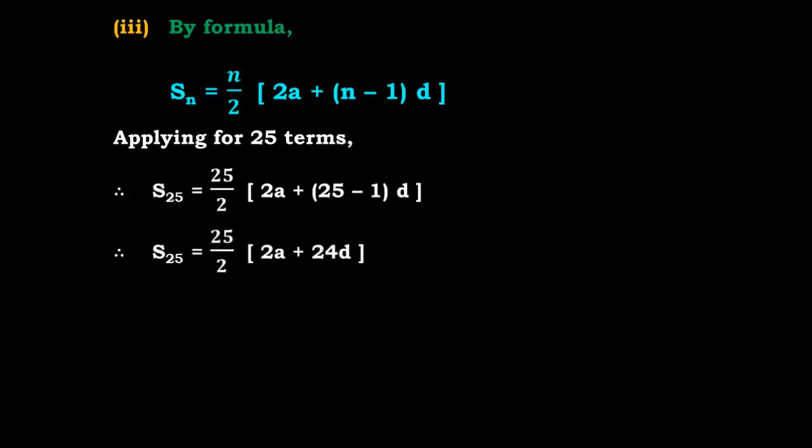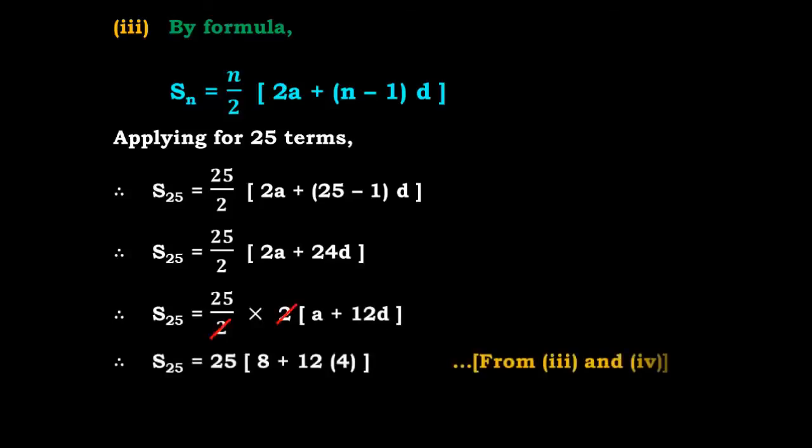Now, we can put the value of A and D. Before that, you can take 2 common. It will become easy because 2 gets cancelled. So, S25 is equal to 25 into bracket (8 plus 12 into 4).